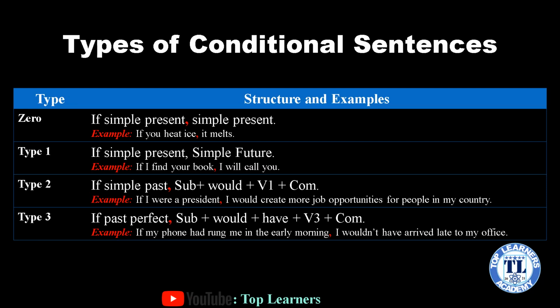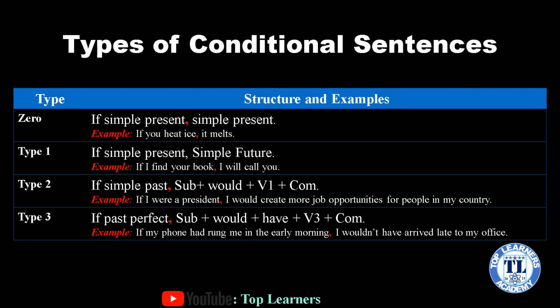In type 1, our if clause is in simple present, but our main clause is in simple future. In type 2, the if clause is in simple past, and in the main clause we use subject with verb 1 and a complement. For type 3, we use if clause in past perfect, and our main clause has subject, would, have, verb 3, and complement.